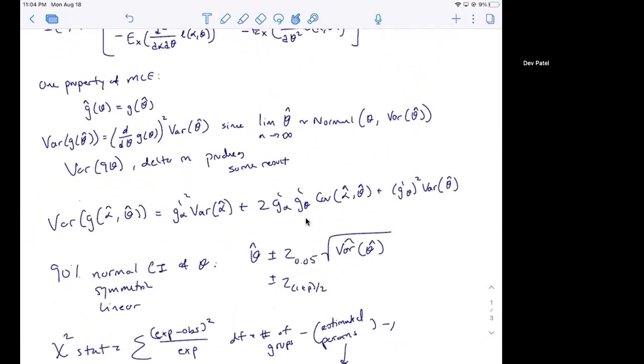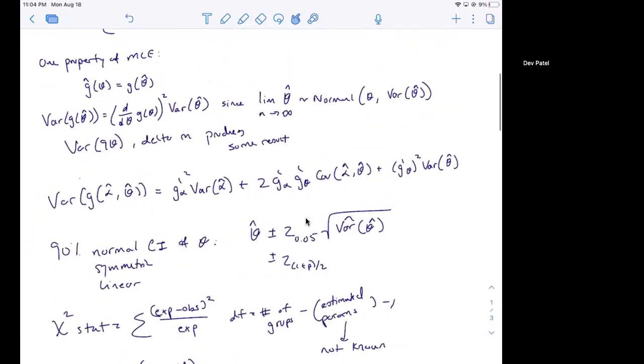This is what we call the delta approximation, which is that the variance of a function of the parameter is equal to the variance of the parameter itself times the derivative of the function squared. And typically when this is a constant, for example 9 theta, you can just take the constant out.